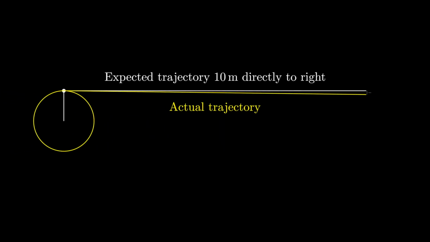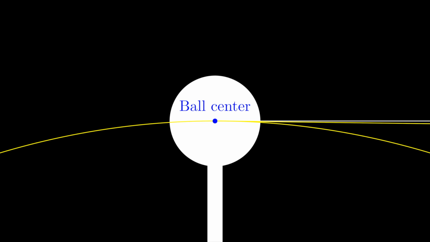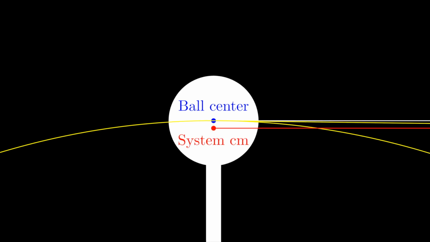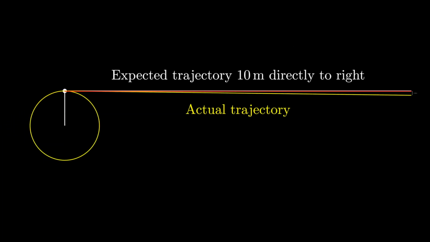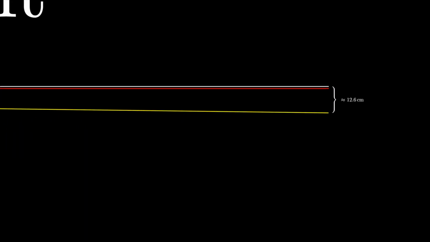Recall that I stated that the actual landing spot would be more than 12 centimeters from the traditional landing spot when the ball is assumed to instantly travel tangent to its circular trajectory. Their argument is that immediately after releasing the string, the center of mass of the ball-string system should move off in straight line motion and will therefore end up much closer to the traditional landing spot compared to what I claimed in the previous video.